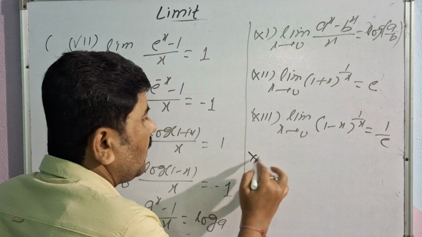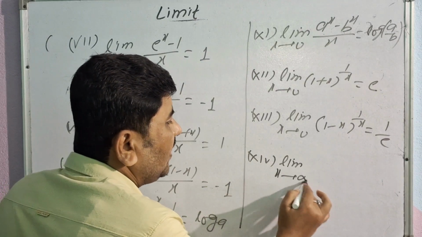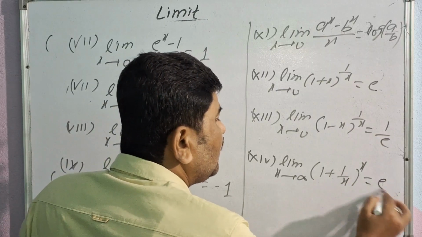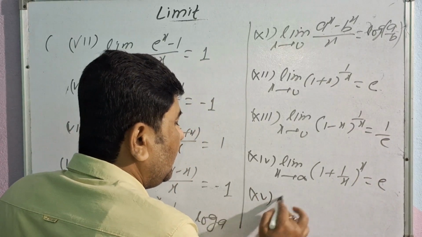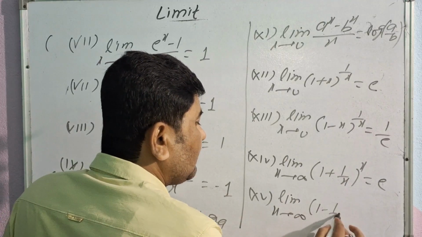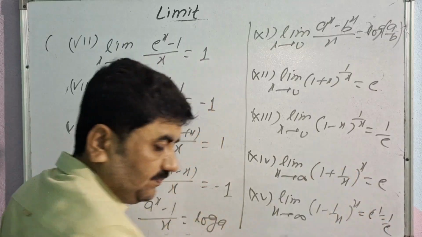Similarly, limit x tends to infinity, (1 plus 1 by x) to the power x equals e. Limit x tends to infinity, (1 minus 1 by x) to the power x equals e power minus 1 equals 1 by e.